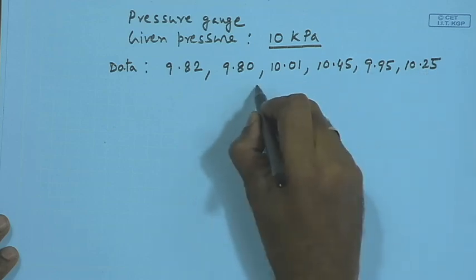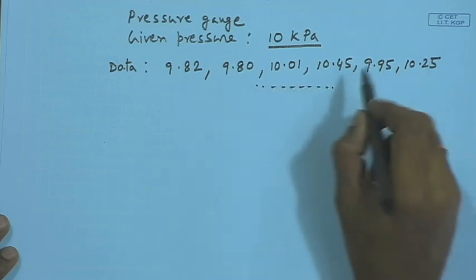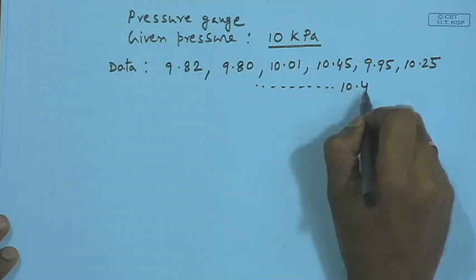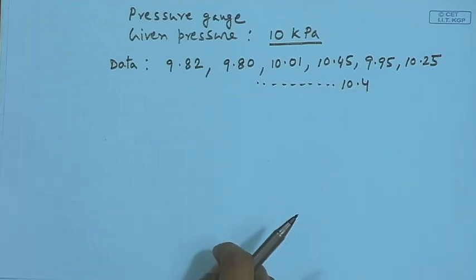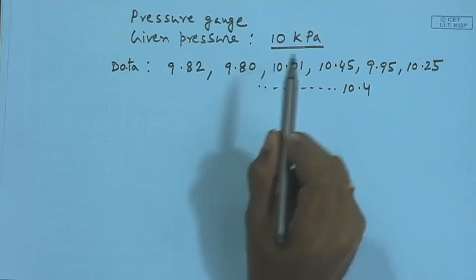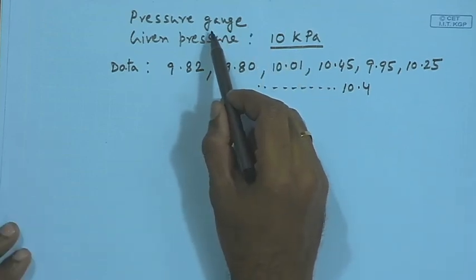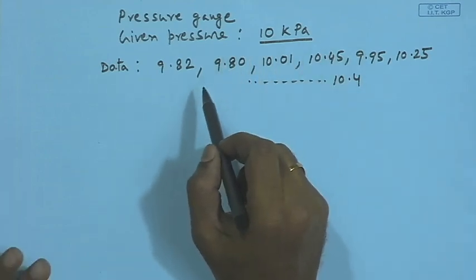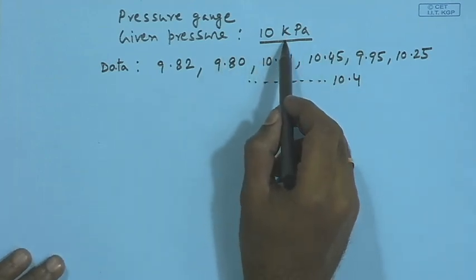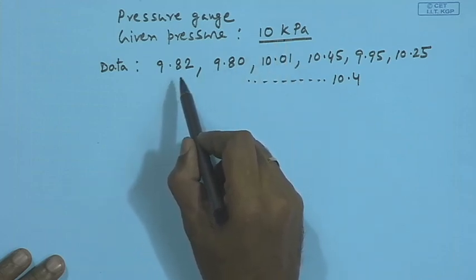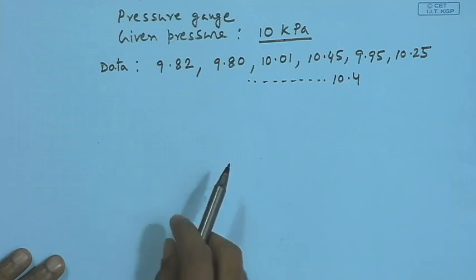We can have even more readings. Let us say we end like this. So, we are measuring a 10 kilopascal pressure with a pressure gauge, which can be considered a sufficiently accurate instrument, and I measure the same pressure several times and I get readings like this.